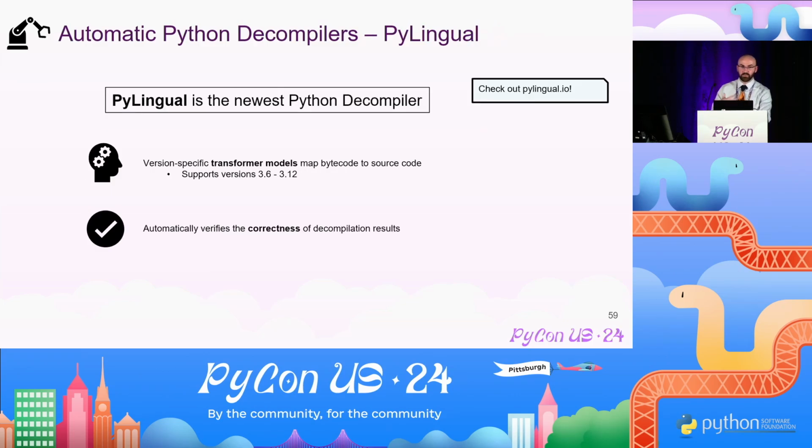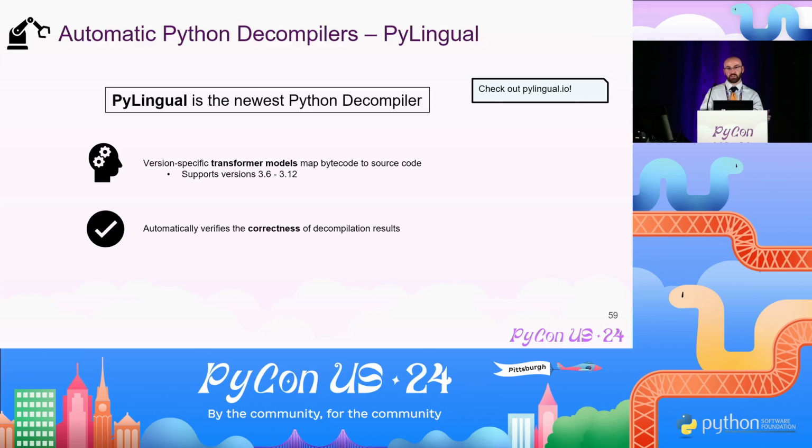So what my research lab has been working on, I think I was also talking about this a little bit during the impromptu Q&A, is PyLingual, which is a neural decompiler that uses custom transformer models to learn parts of the bytecode specification to perform the segmentation and translation tasks that we just did. And the control flow reconstruction is done mechanically.